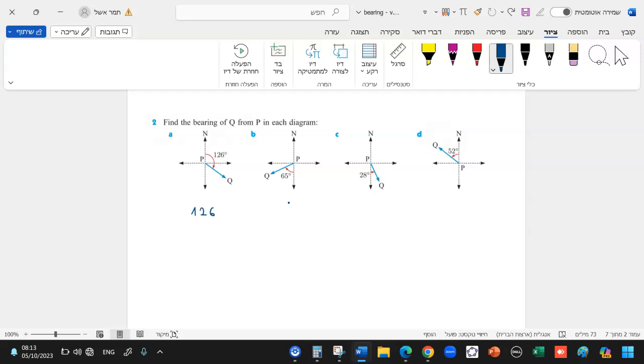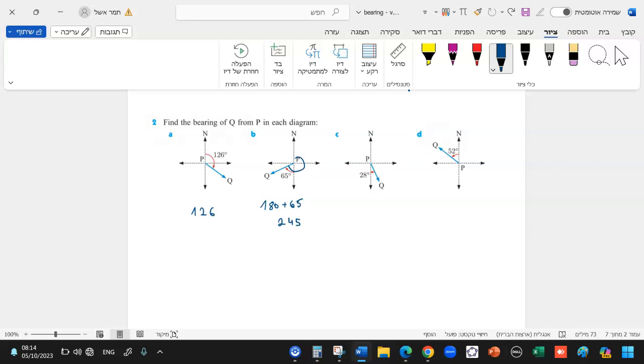On part B, we have this angle of 65, but the bearing is the entire angle from the north. So it's actually 180 plus 65, bearing of 245.